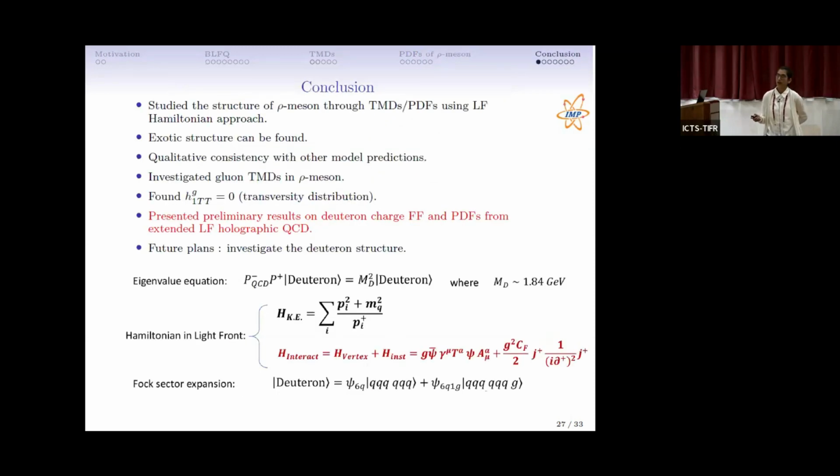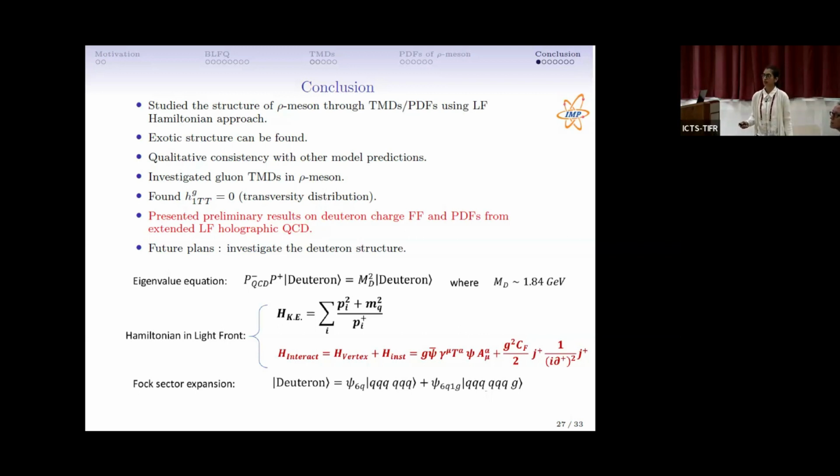Yeah, so we have studied the structure of the rho meson through TMDs and PDFs using this light front holographic approach. The rho meson, a spin-1 system, can provide exotic structure, like the tensor polarized structure of the system. And we found qualitative consistency of our results with other model predictions.